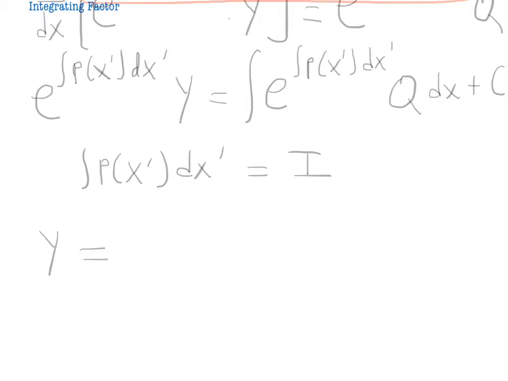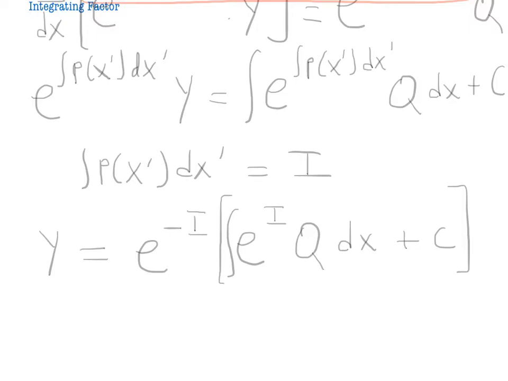Y is nothing other than e to the minus capital I times the integral of e to the capital I times q, plus c. So this is the promised solution.